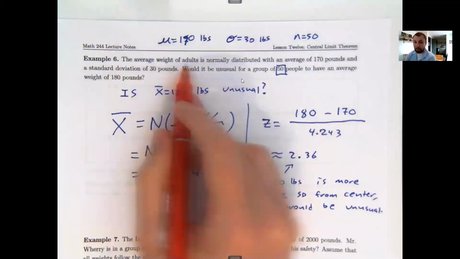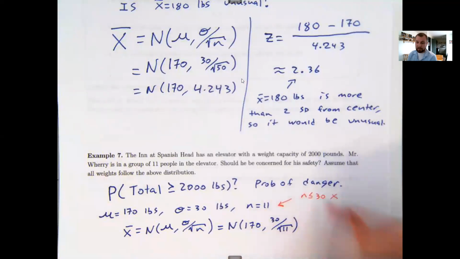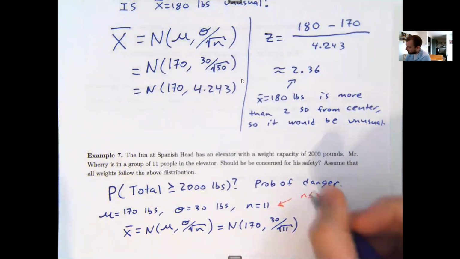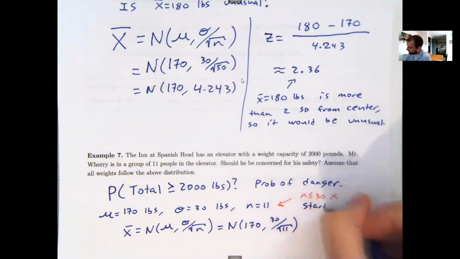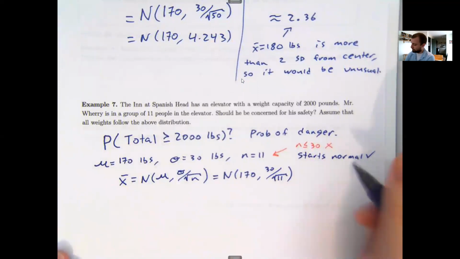Going back up to the top, though, it said the weights started normally distributed. So even though my n is less than or equal to 30, it starts normal. So I feel good even though I have a small sample size here.